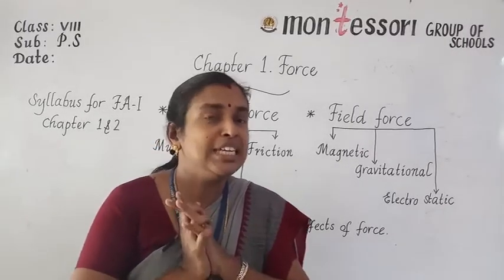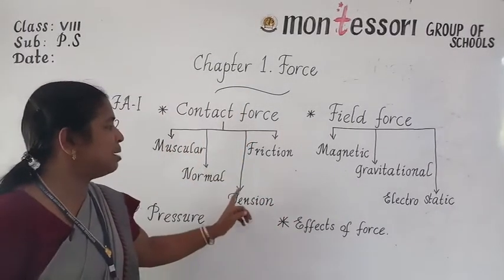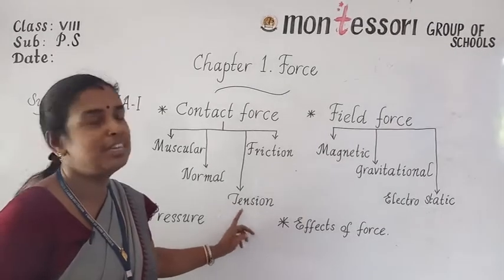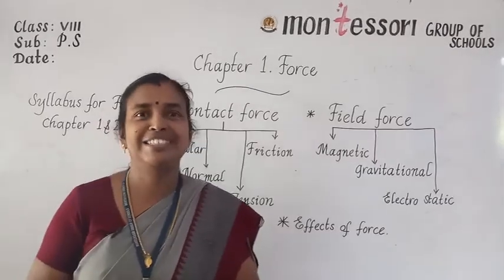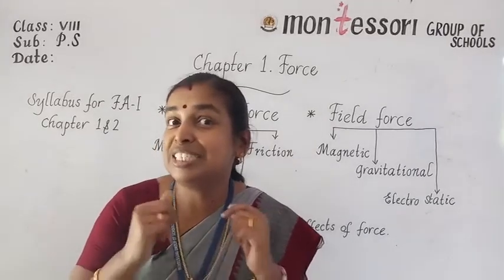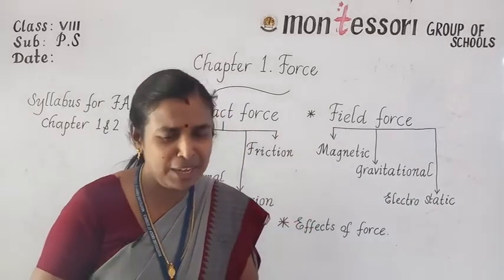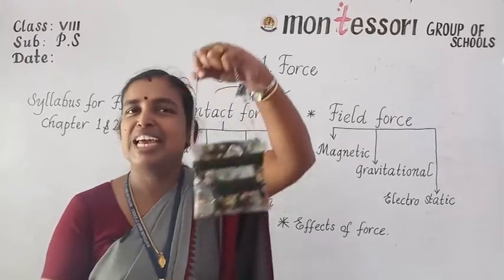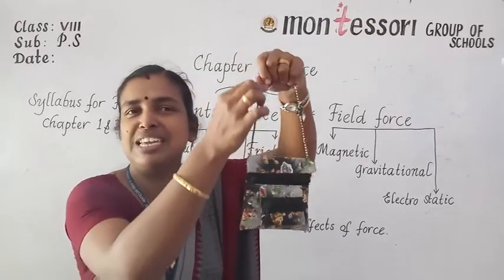So, now let us discuss the next type of contact force, that is what is called tension. It is not the tension about our exam. Tension is a force. Did you get surprised? So, here I have a bag, you can see a string here.